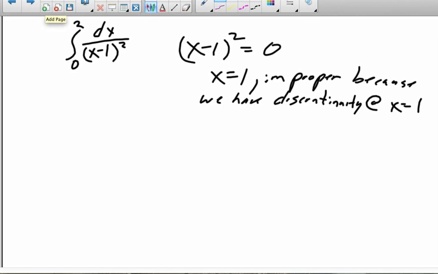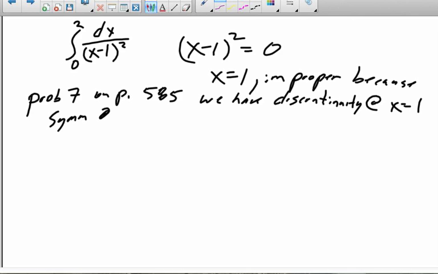Now this is problem number 7. So look, they've got a graph of problem number 7 on page 585. And you notice that this thing is symmetric about x equals 1. So what I'm going to do then is break this up into 2 times the integral from 0 to 1 of dx over x minus 1 squared.